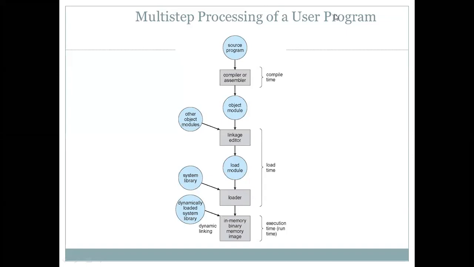Means in the main memory, this loader will place it for execution. Execution means the process must be in running state now. In memory, the binary memory image means the object file will be converted into a binary file and loaded into the memory.